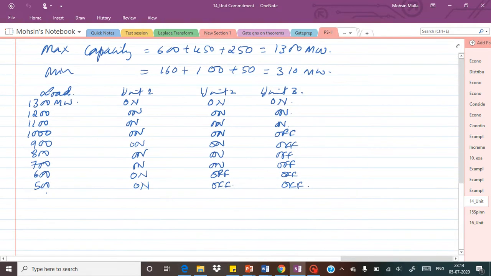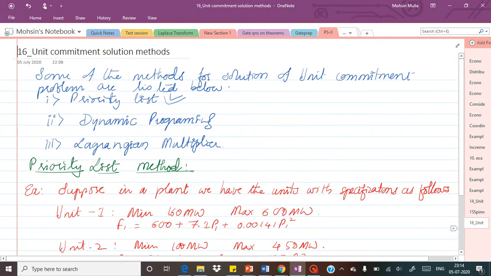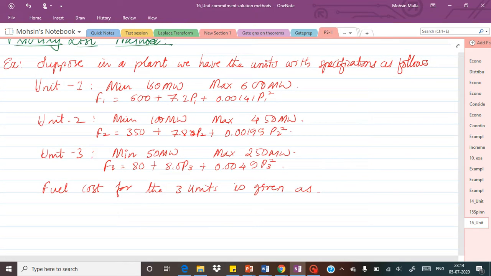Now when we want to do it more efficiently, we need to know the production cost of the units as well. To understand the concept, we are going to take the same example of one plant operating with three units, with the same equations.